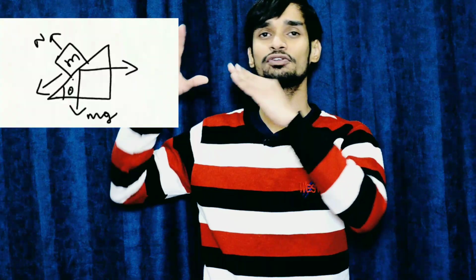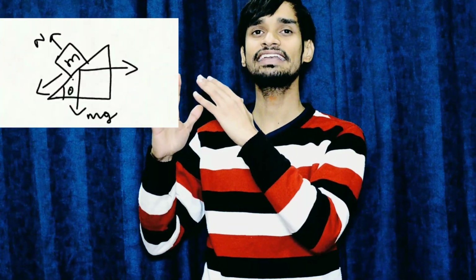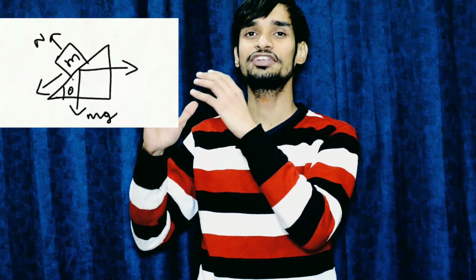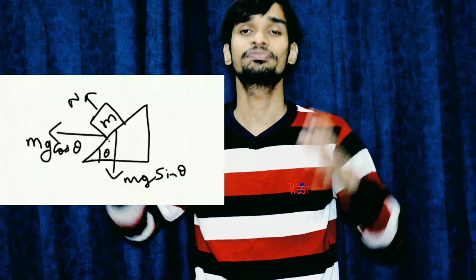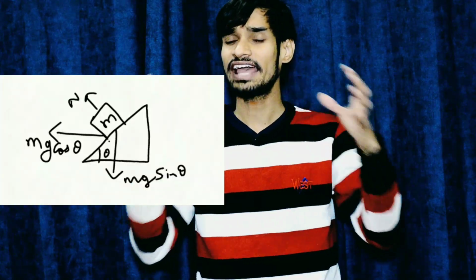In the second application we consider a body moving on a plank, as you can see here. On the plank, when we try to make it happen, what does it give us? We get cos theta and sin theta components, as you can see in the figure here, and we figure out what actually happens.